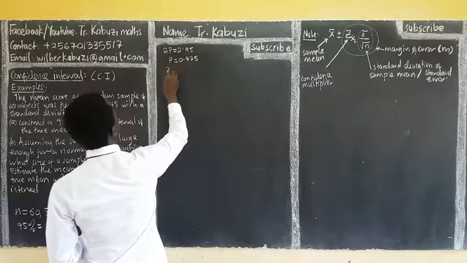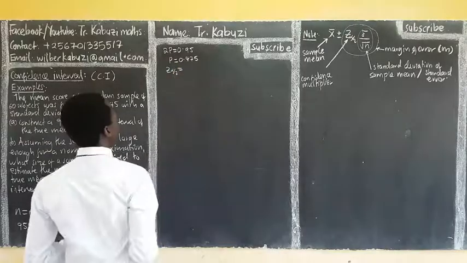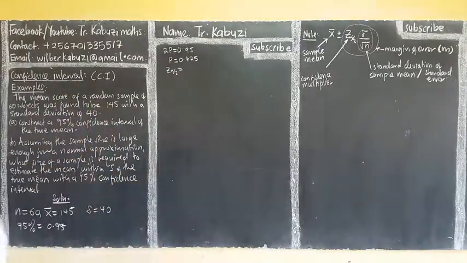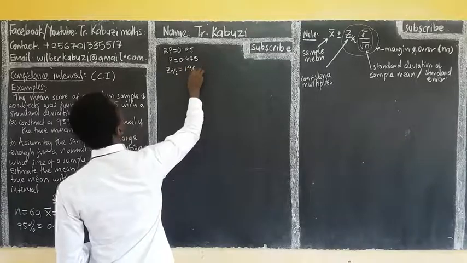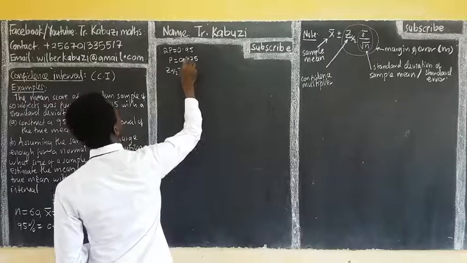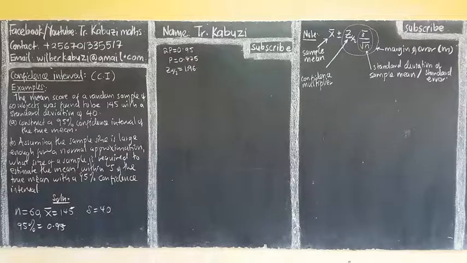Now our z of alpha over 2, we read that from the table, is 1.96. This is 1.96 as you can see from the table.